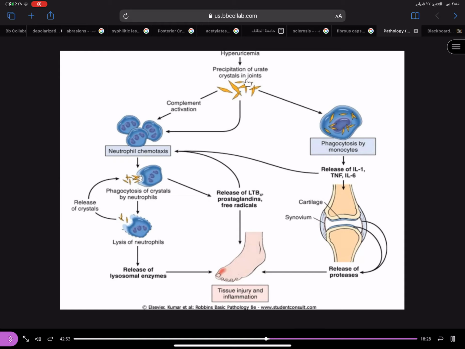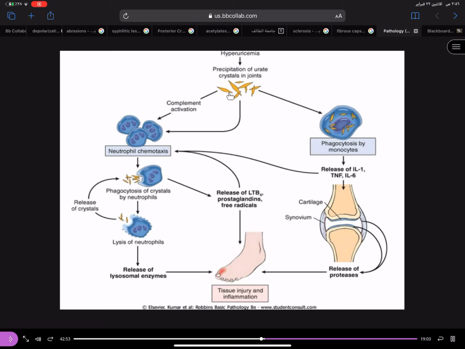For example, if you have water, you put salt in it, it will dissolve. But if you put a lot of salt in it, it will settle down. Are you getting my point? Similarly here, if a lot of uric acid is there, it will settle down and make crystals. So crystals are formed in the joint.